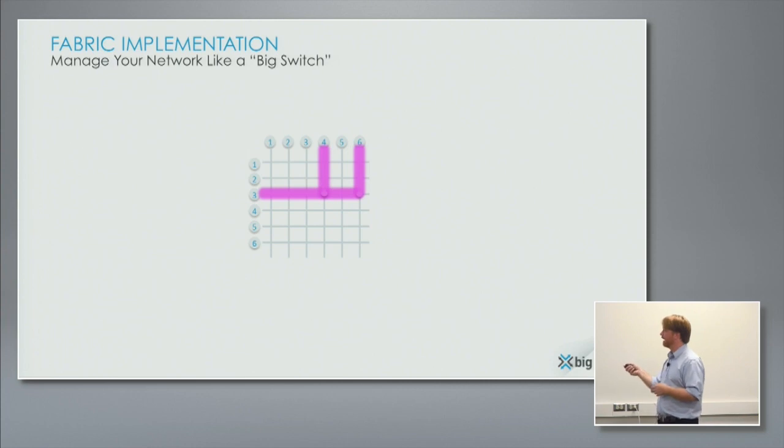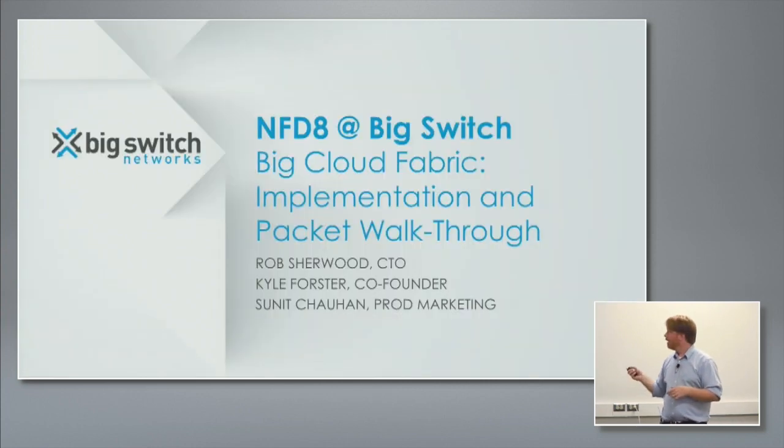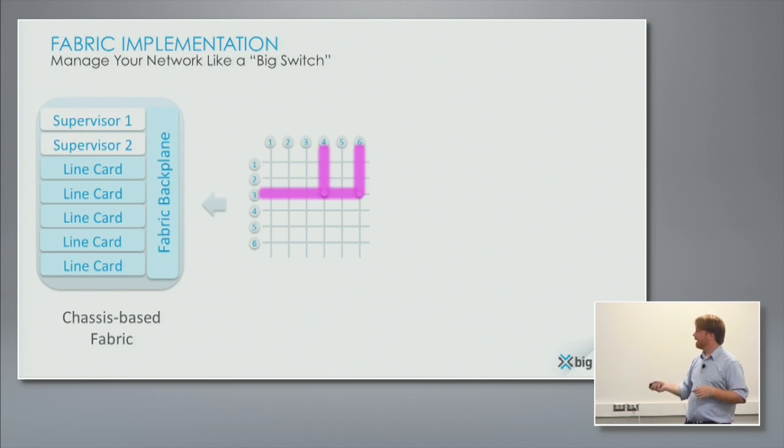People take this concept and implement it a bunch of different ways. One way is a standard chassis-based multi-line card box, your traditional big iron box that you'd probably use as an aggregation switch. It has line cards, a fabric backplane, and probably two supervisor modules.